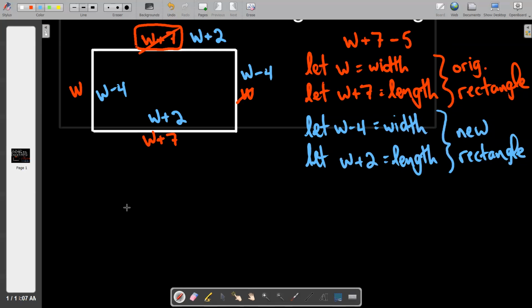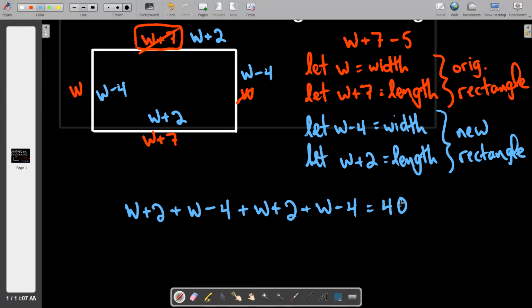Yeah, let's not jump ahead. I'm just going to go like this. How about top plus right plus bottom plus left equals 40. I'm worried if we skip a step here that we're going to lose some people, okay?